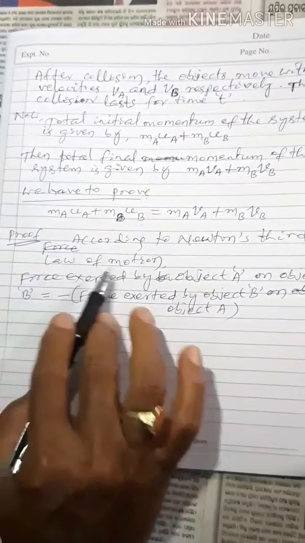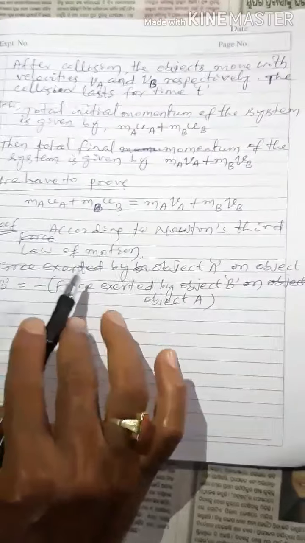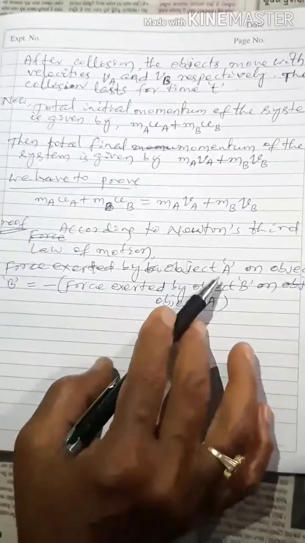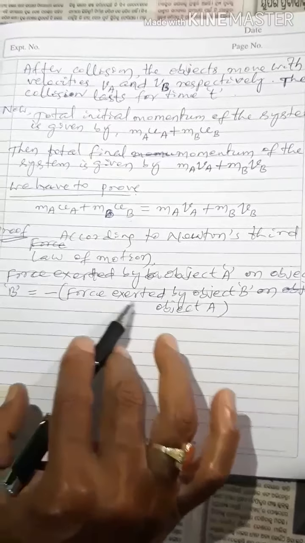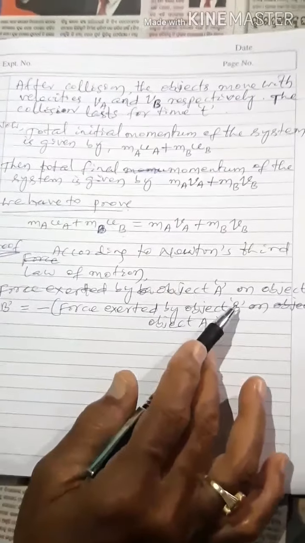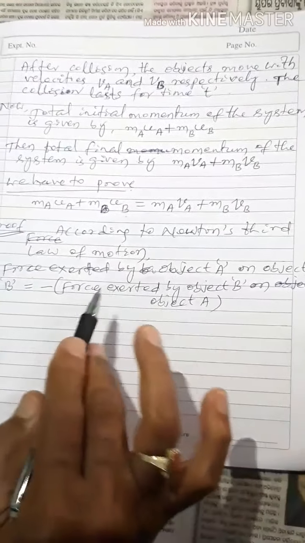According to Newton's third law of motion, force exerted by object A on object B is equal to negative the force exerted by object B on object A.